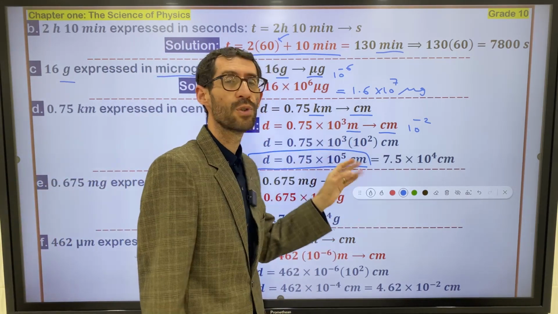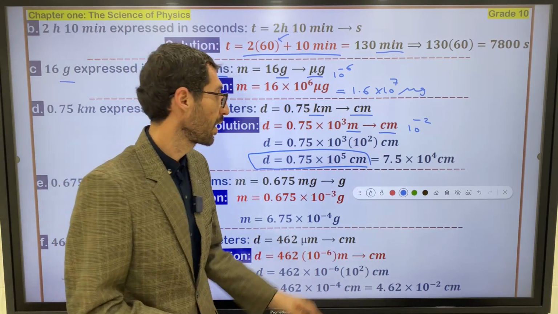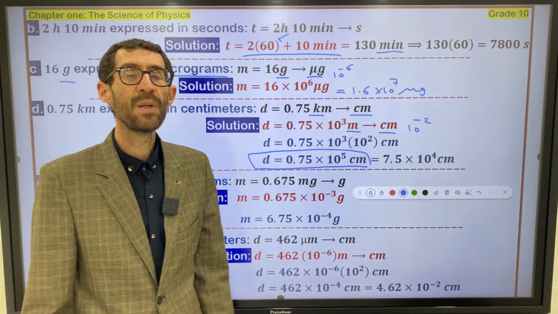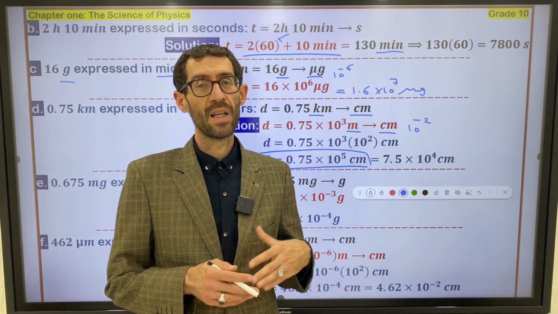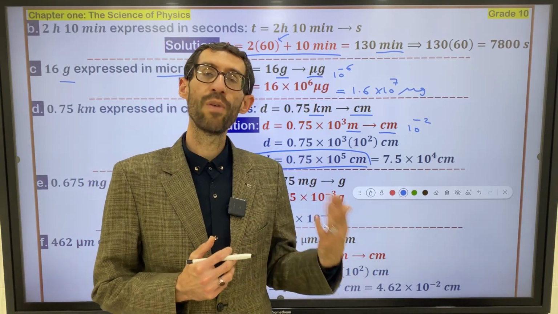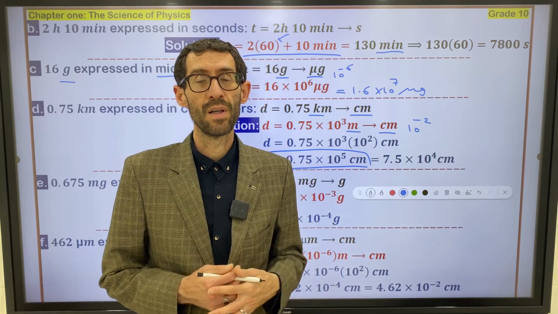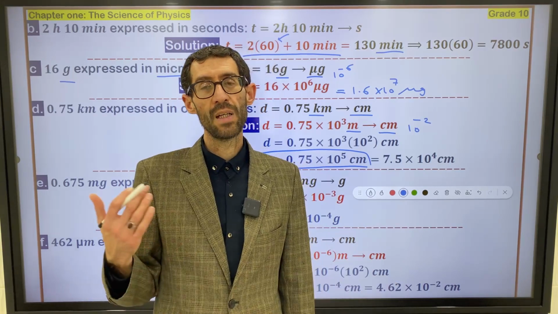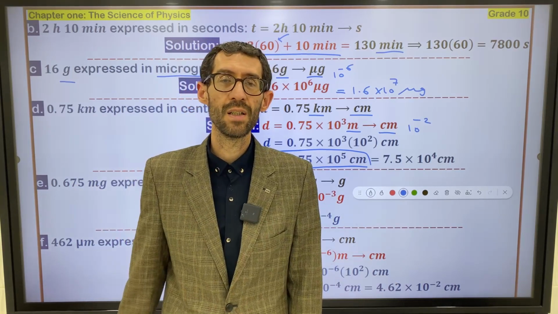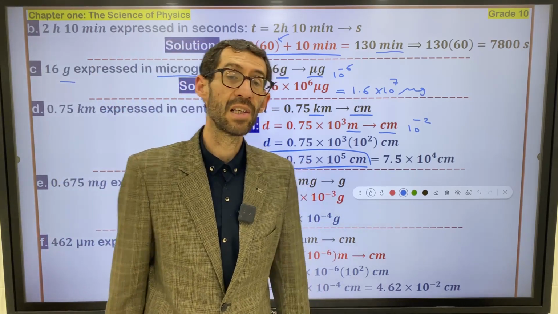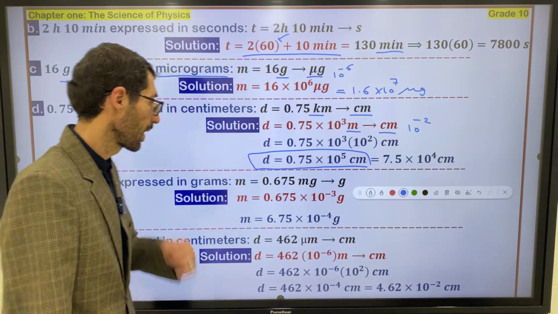That's why you have to reduce the exponent. It will be 7.5 times 10 to the power 4 centimeter. Keep in mind that reducing the decimal place is equivalent to reducing the power, or vice versa. Increasing the decimal point is equivalent to increasing the exponent. They are directly proportional to one another, right?